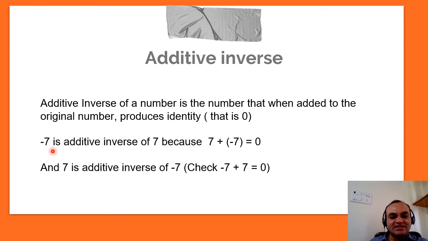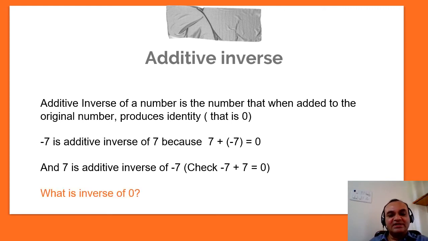So minus 7 is the additive inverse of 7, because if we add minus 7 to 7, you get 0, and 7 is the additive inverse of minus 7, because we are adding 7 to minus 7, and the answer is 0. So the negative of a number is its additive inverse.